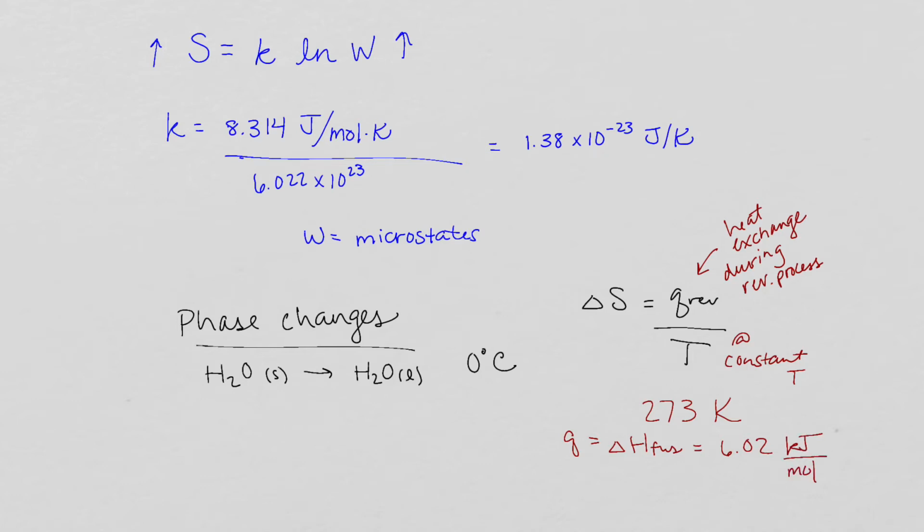Then we can plug it into this equation. Delta S equals 6.02 times 10 to the third joules, because we have to switch kilojoules per mole, divided by 273 Kelvin, and that equals 22.1 joules per Kelvin.